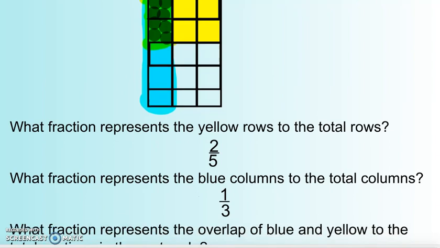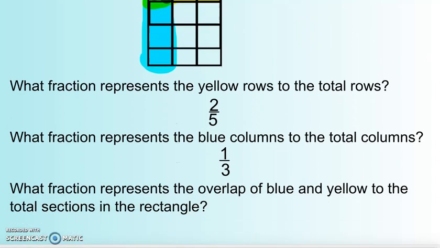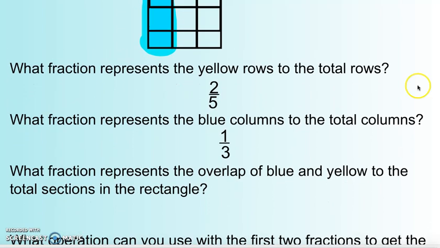Now, can you tell me where they overlap? Can you tell me how many boxes are green? Because where they overlap, it creates a color of green. And so how many boxes are green out of how many total boxes that are in the rectangle?